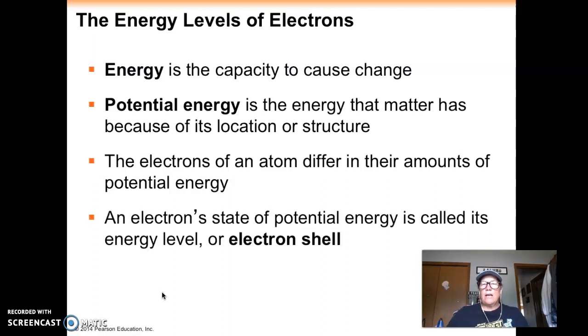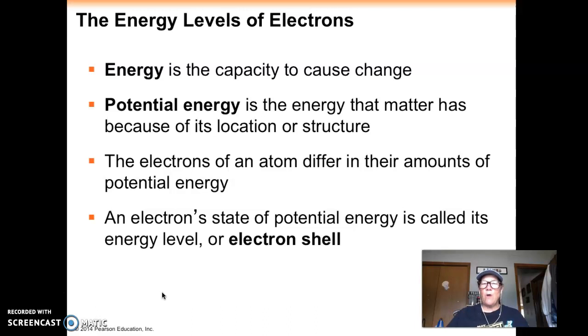Okay, so the potential energy, or the place that you find electrons, their energy level, another name for it is an electron shell. And it's basically an orbit where you find electrons. And the thing about electrons, they always want to go to the lowest energy level. They'll fill the lowest energy level before they go to the next level and to the next level.